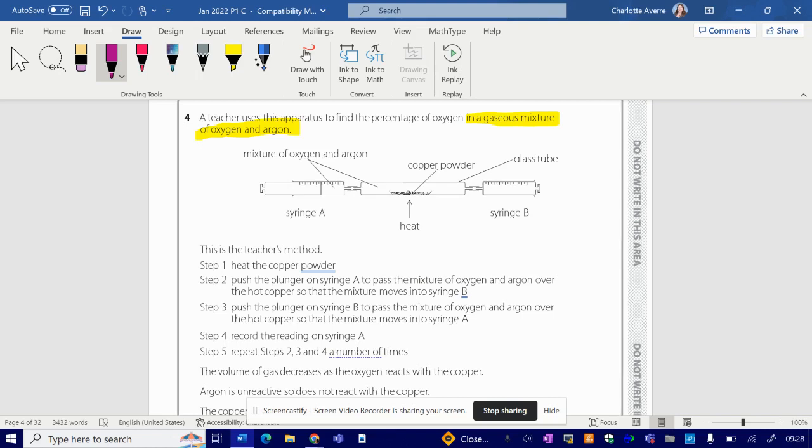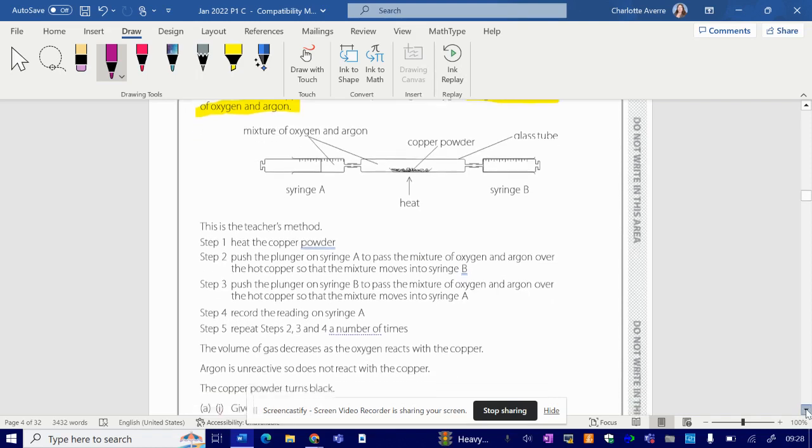This is not a mixture of air though, it's a mixture of oxygen and argon. So we're not going to be worried if our answer to this experiment comes out as very different from 20%, because that is not the situation that we are being asked about here. We're being asked about a completely different mixture.